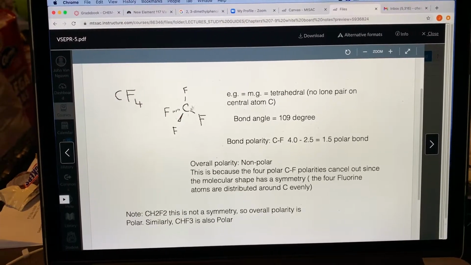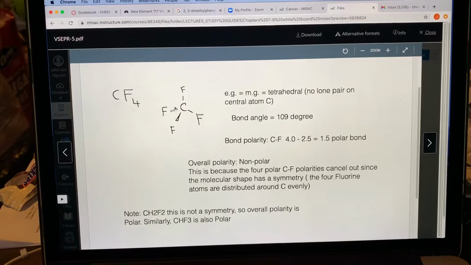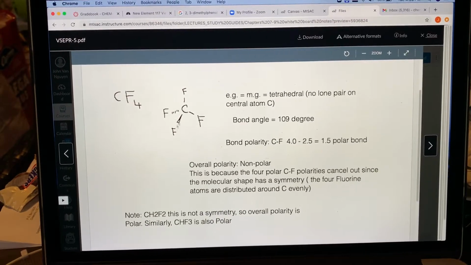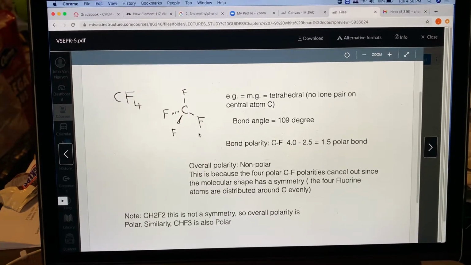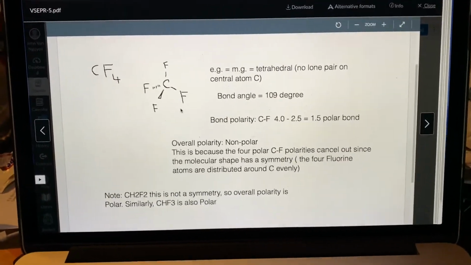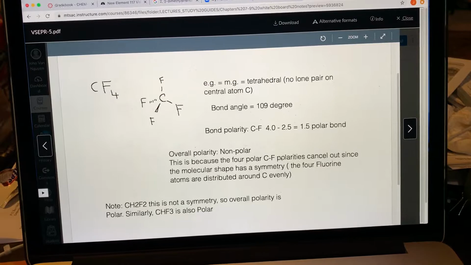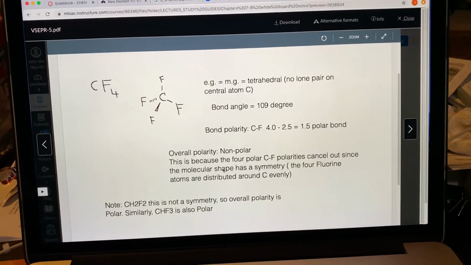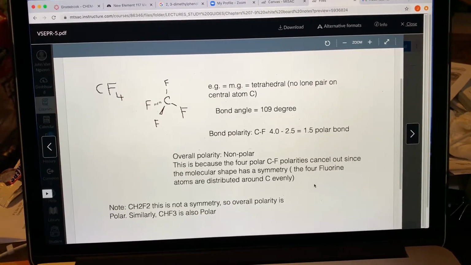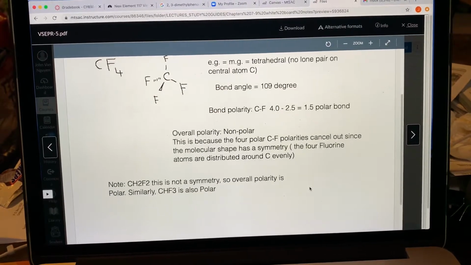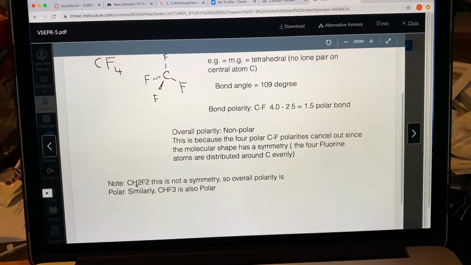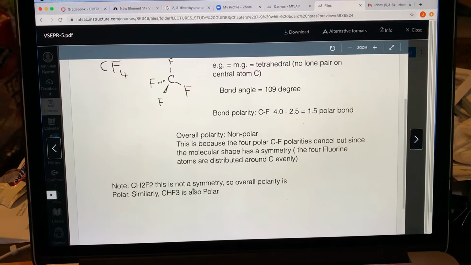Now, overall polarity is non-polar because you have 4 identical fluorine. That's a perfect symmetry, so all the polarity cancels out. Every time you have a good symmetry, they cancel out. If you have a mismatch, like 2 hydrogen and 2 fluorine, this is not a symmetry.